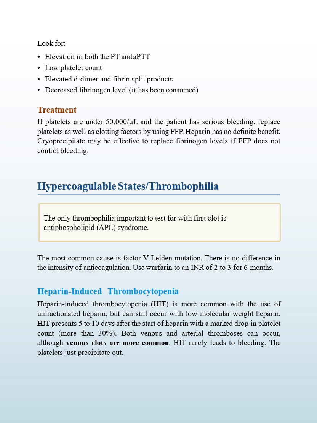The most common cause is a factor 5 Leiden mutation. There is no difference in intensity of anticoagulation. We can use warfarin for INR of 2 for 3 to 6 months.